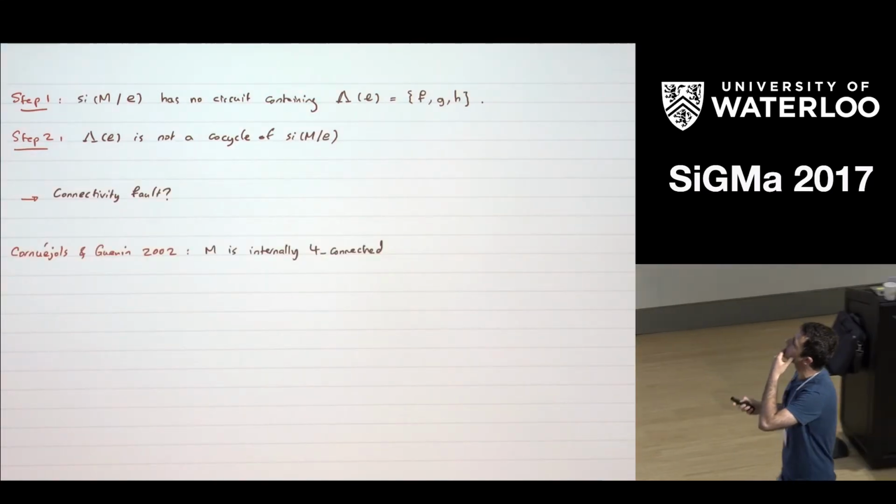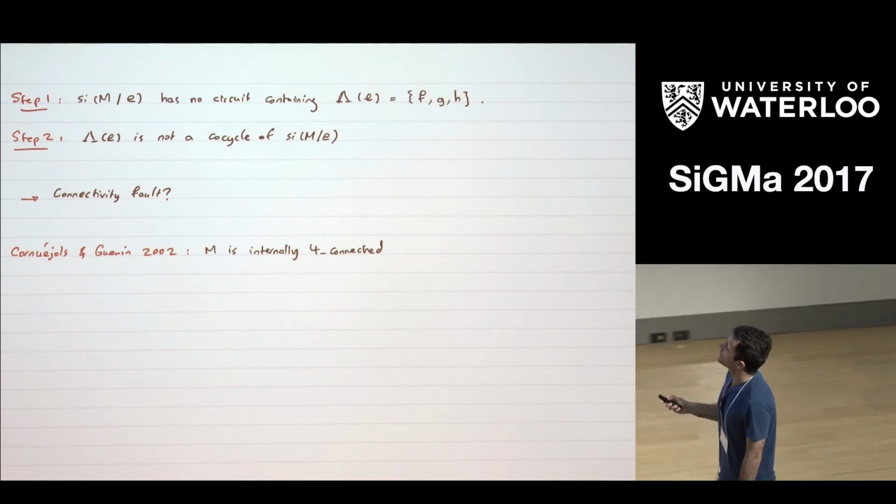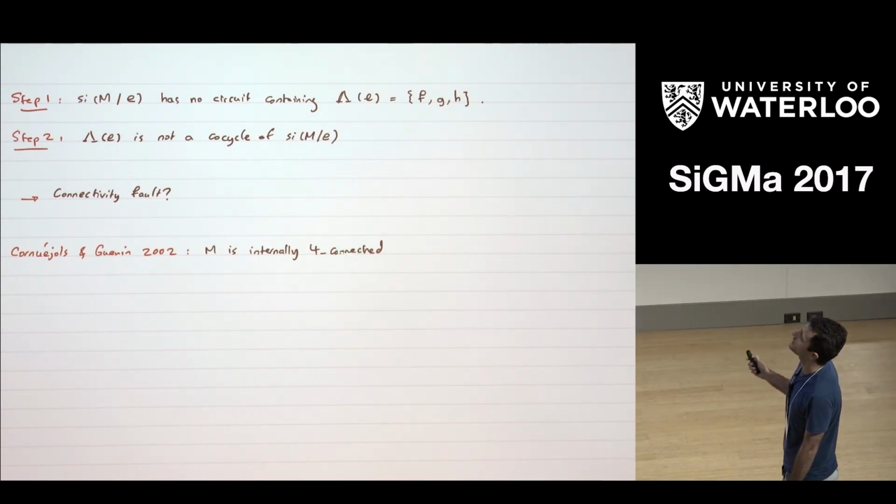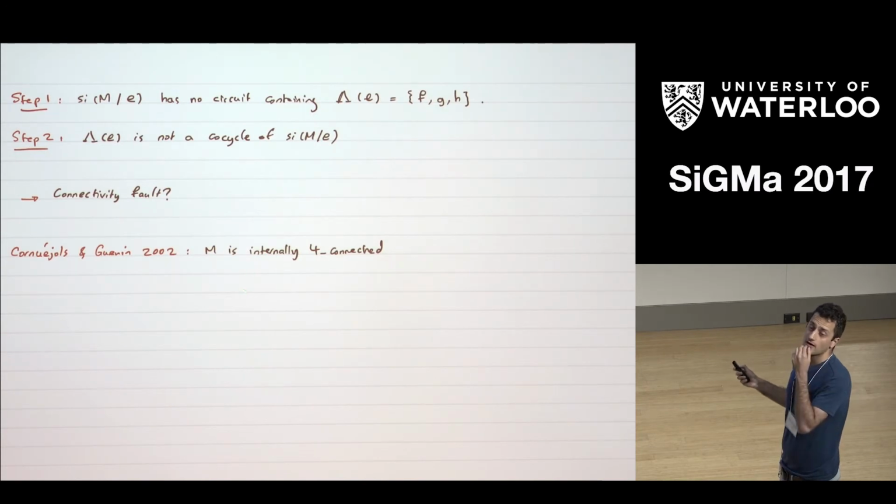And so Geelen, Cornuéjols, and Guenin in 2002 proved that M is actually internally 4-connected using Lehmann's theorem. But it's not M that we care about. It's M contract E simplified.